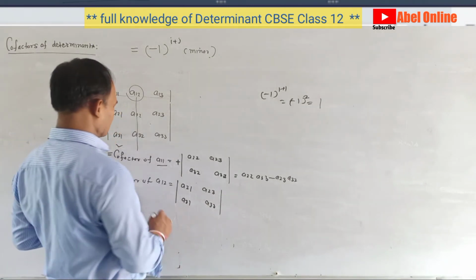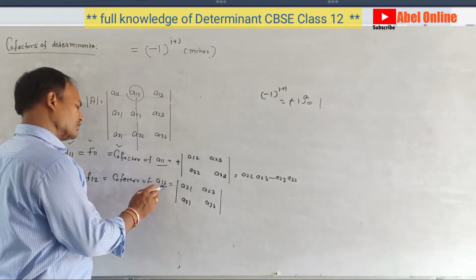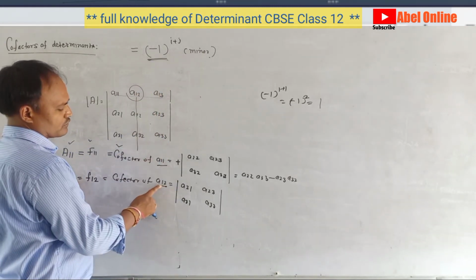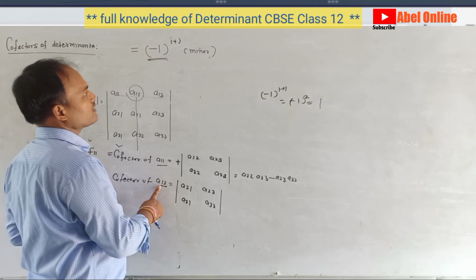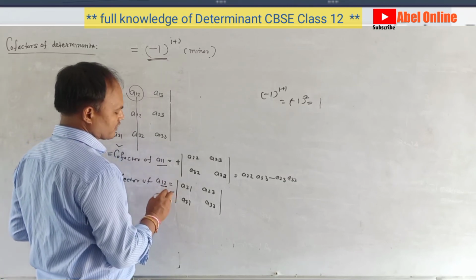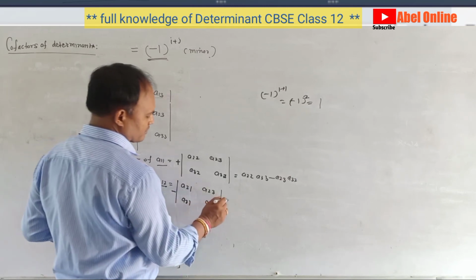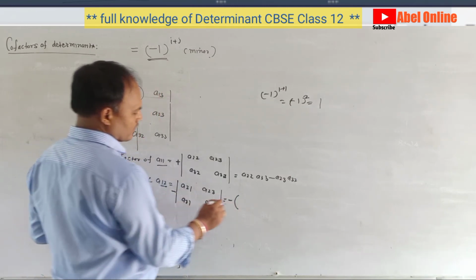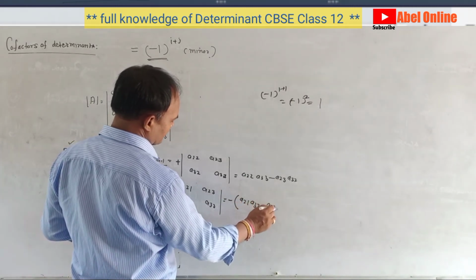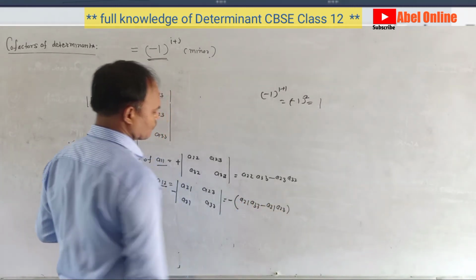Always remember 1 plus 2, it is a 3. So it is minus 1 to the power 3, so it is a negative sign. So we write a minus, and use A21 A33 minus A31 A23.